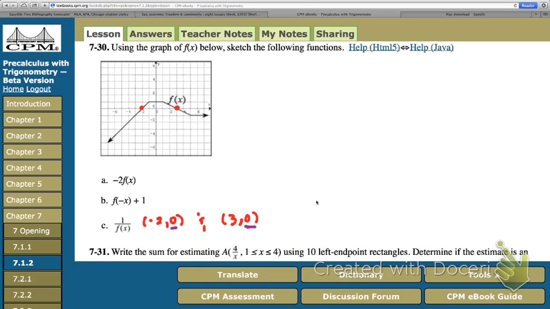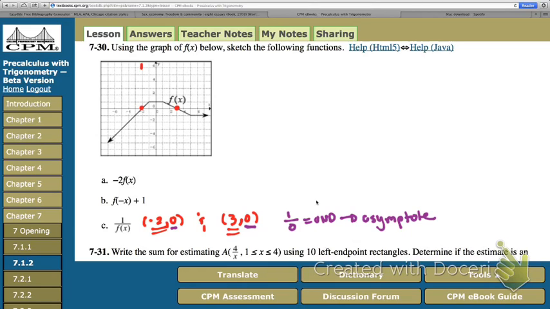Well, if we do 1 over 0, you're going to get undefined, which means you will have an asymptote at those points. So what that means is we'll have an asymptote at 3 and an asymptote at -2.